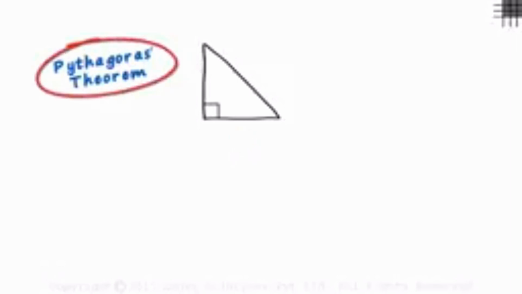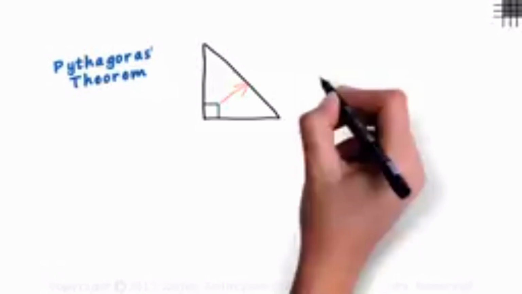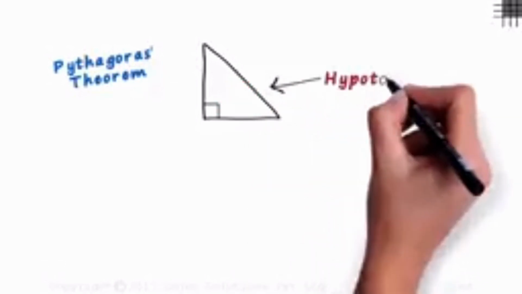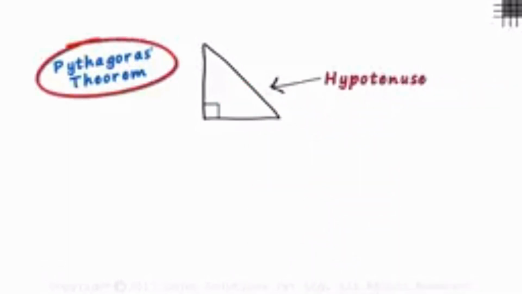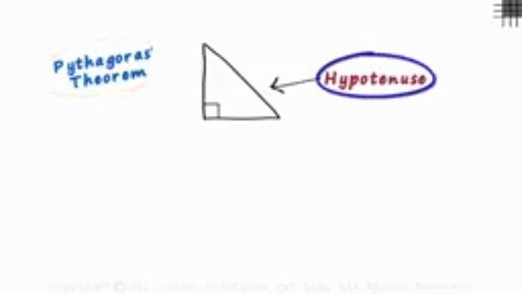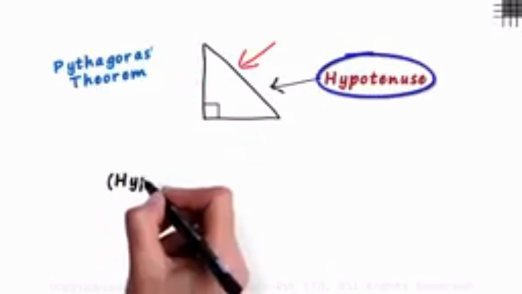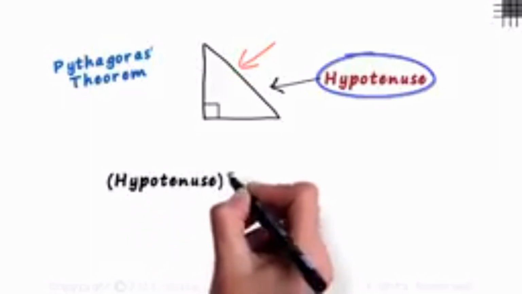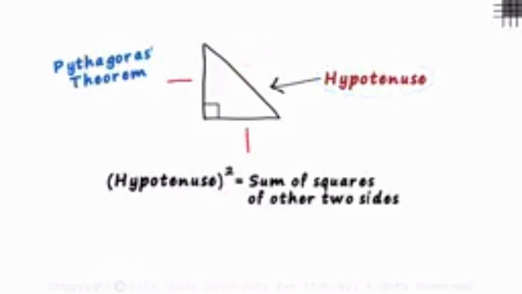The first thing we need to understand is what the side opposite to the right angle is called. It's called the hypotenuse. The Pythagoras theorem says that the hypotenuse has a special relation with the other two sides. It tells us that the square of this length, that is the hypotenuse squared, is equal to the sum of the squares of the other two sides.